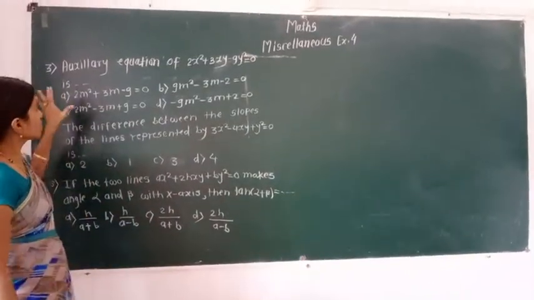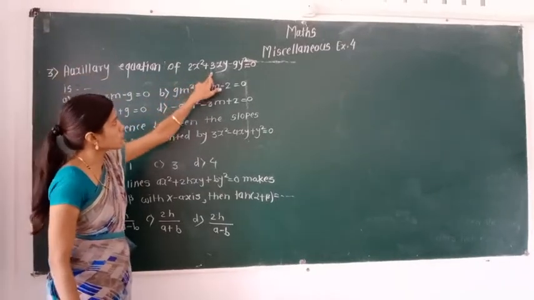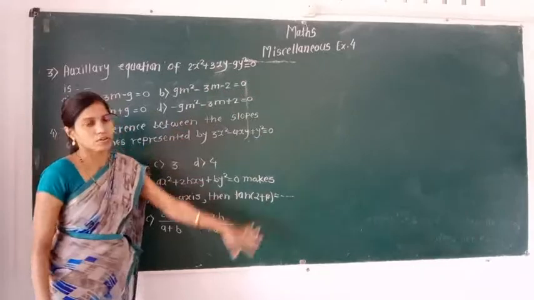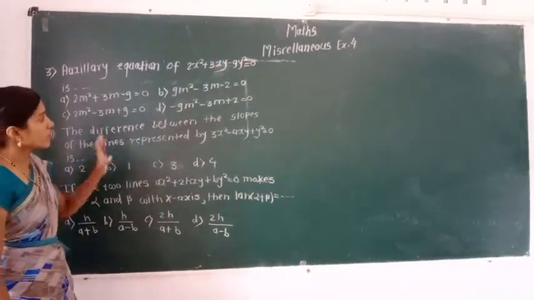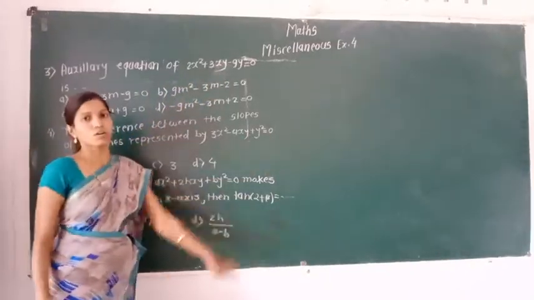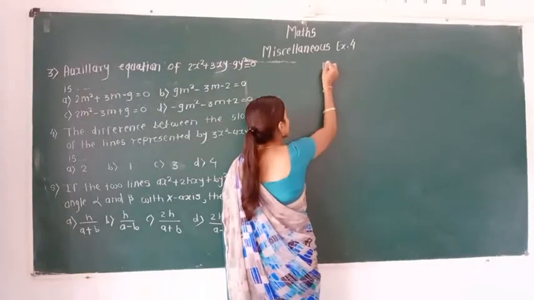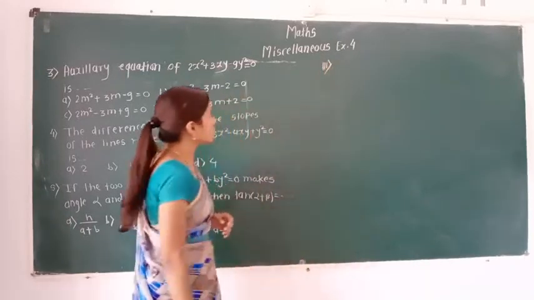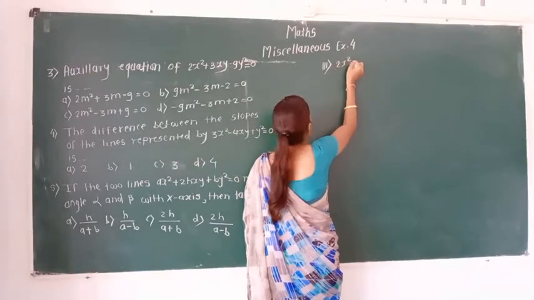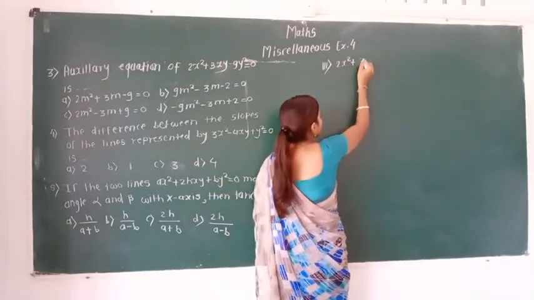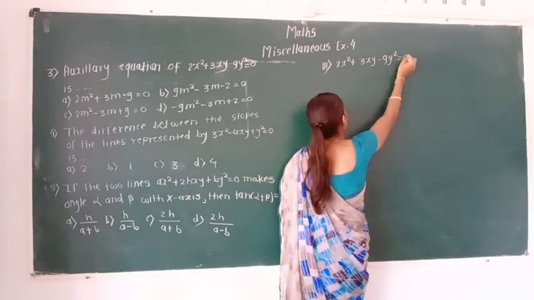See, the next example is: the auxiliary equation of 2x square plus 3xy minus 9y square is equal to 0 is. For finding the auxiliary equation of a homogeneous second degree equation, we have to use the given equation 2x square plus 3xy minus 9y square is equal to 0.